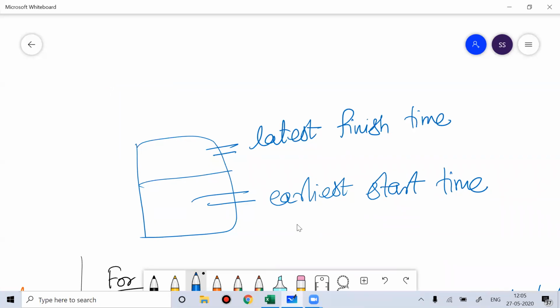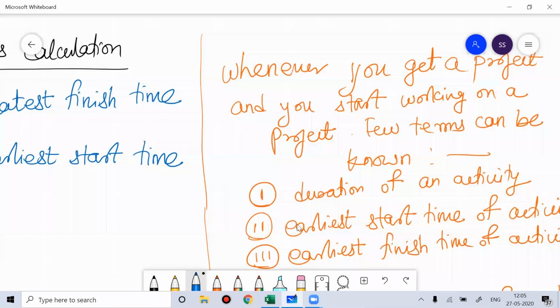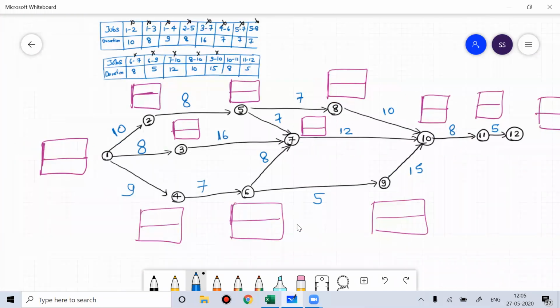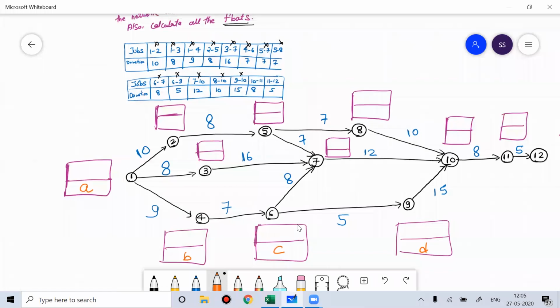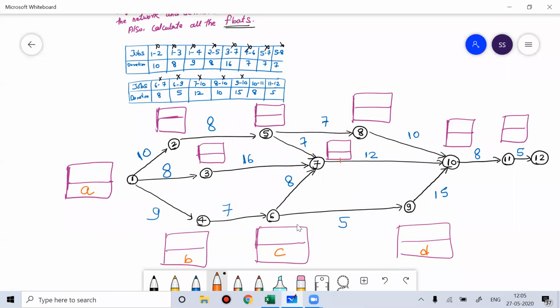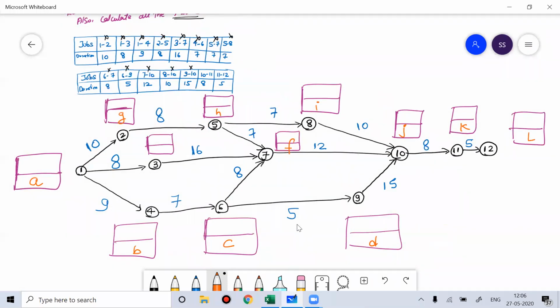When I start solving this problem, I'll fill all this data: A, B, C, D, E, F, G, H, I, J, K, L. At every node you can see a rectangle with a top part and a bottom part.